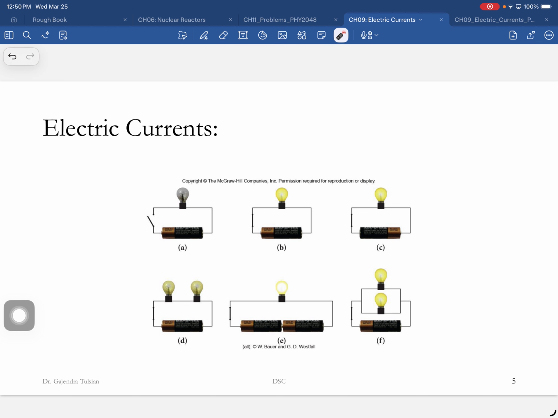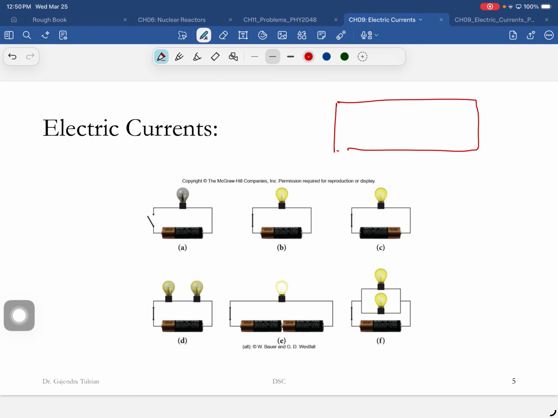coming back to this, when you close the switch, what this battery does is it establishes an electric field in this wire, and in the conductor and in this device as well. There are free charges, which are free electrons.